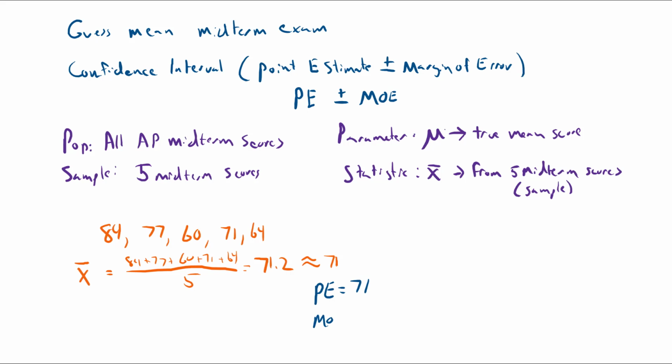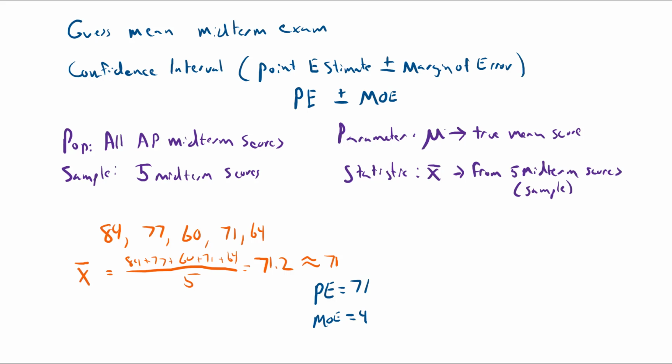Let's say you feel that 71 is the mean value you came up with from your sample, but you want to give it a little leeway. So you want to say the actual mean value overall for the midterm exam falls in a certain range. And let's say it's within 4 plus or minus. So we'll say our margin of error is 4.